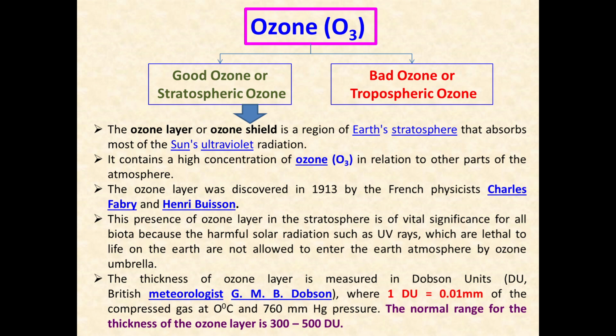Here, one Dobson unit, 1 DU, is equal to 0.01 millimeter of the compressed gas at STP, standard temperature and pressure. The normal range for the thickness of the ozone layer is 300 to 500 Dobson units.